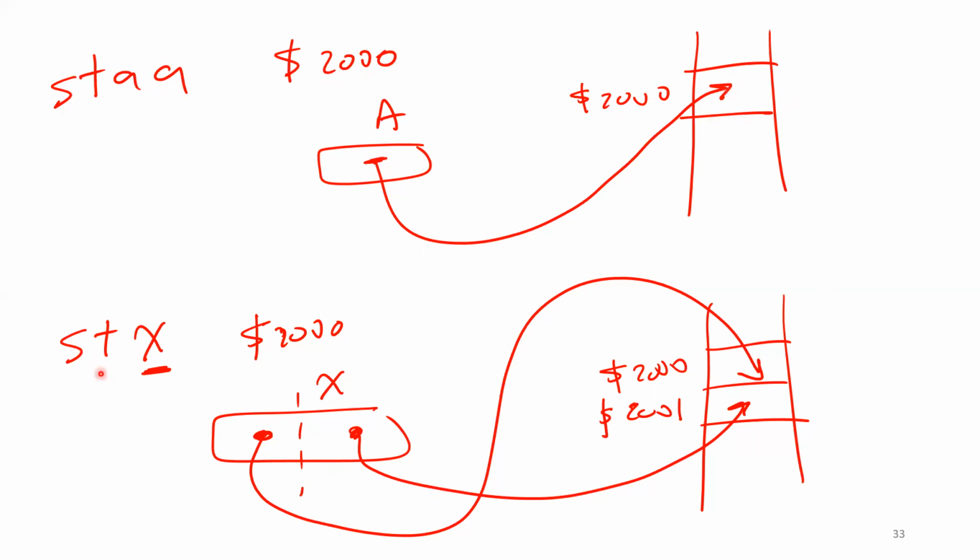Now if I say store X to 2000, here actually you are gonna copy X, which is a word, to 2 memory locations, 2000 and 2001. So this is for a word. How are they stored?